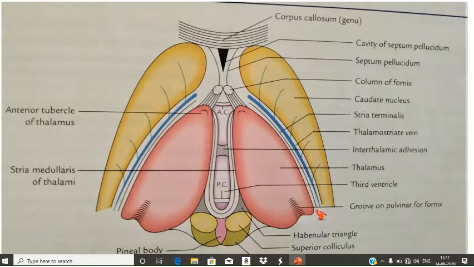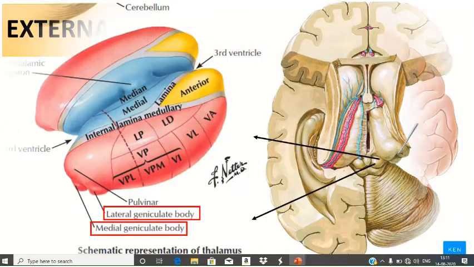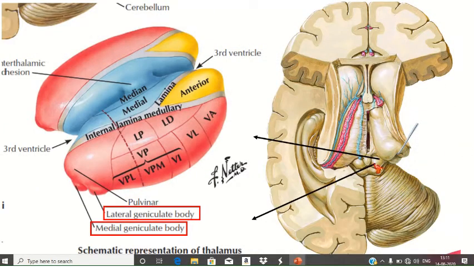It overlaps the superior colliculus of the midbrain and presents the lateral geniculate body inferolaterally and the medial geniculate body inferomedially. I will show you the medial and lateral geniculate bodies in a few minutes. Then the lateral geniculate body is separated from the pulvinar by the brachium of the superior colliculus. So let me show you the superior colliculus and its brachium. Here you can see the superior colliculus.